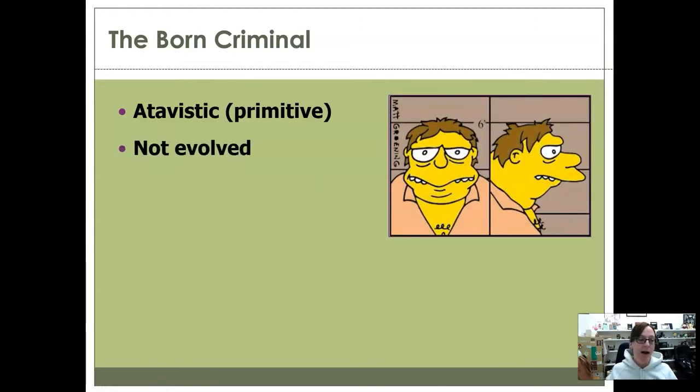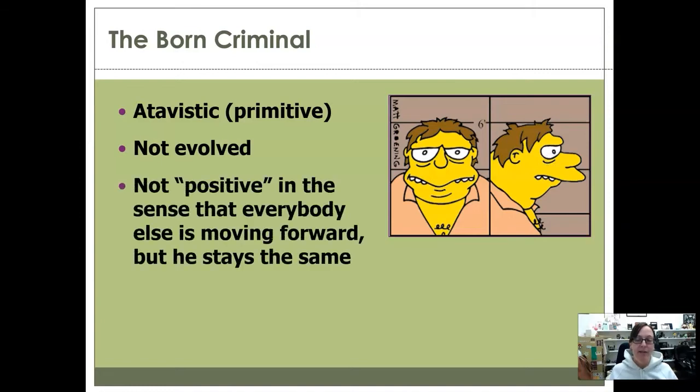It's not that they had devolved, but rather that everybody else is moving forward on that evolutionary timeline. We're improving, we're getting more sophisticated, and they are basically staying the same.